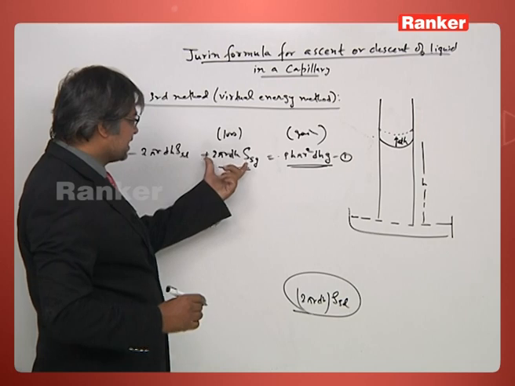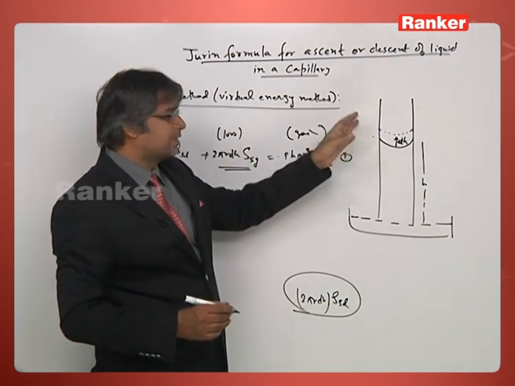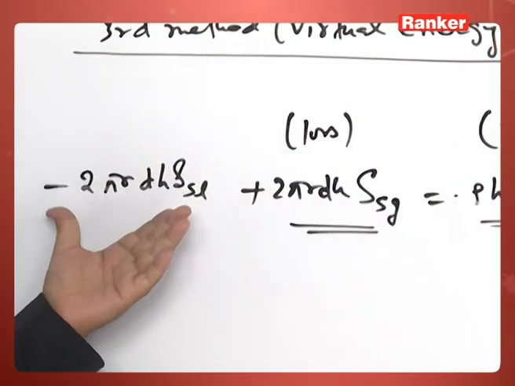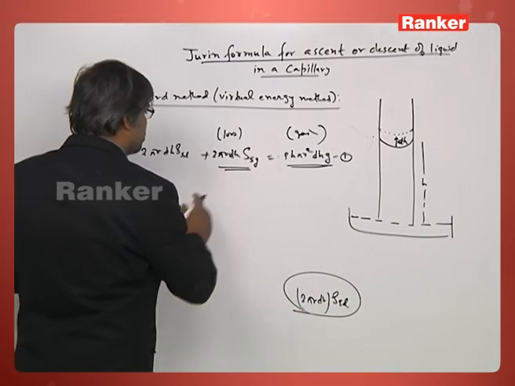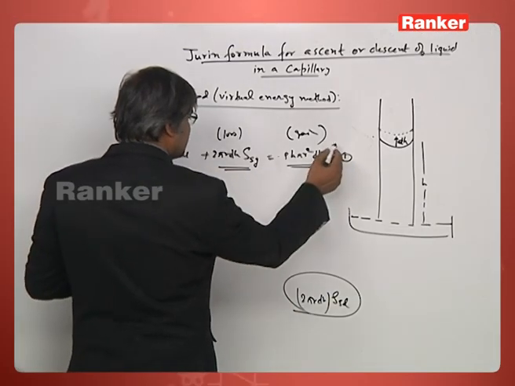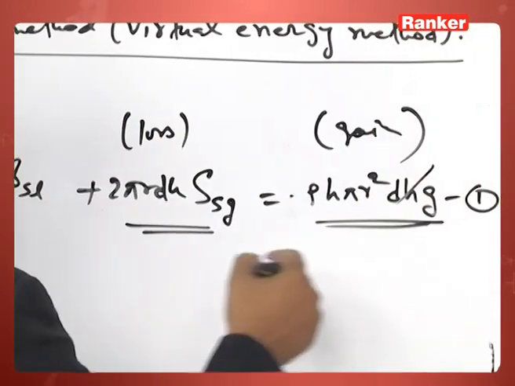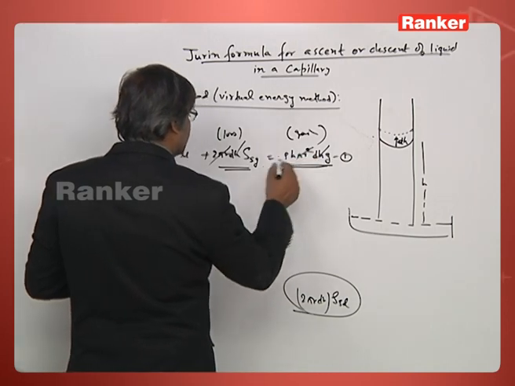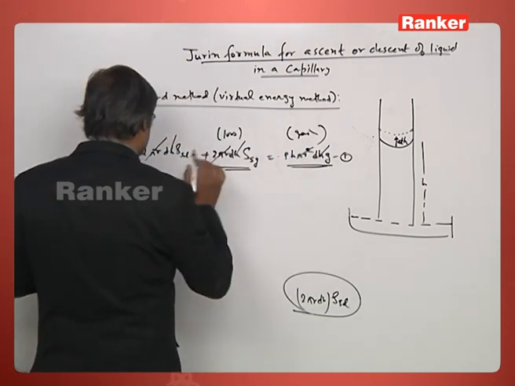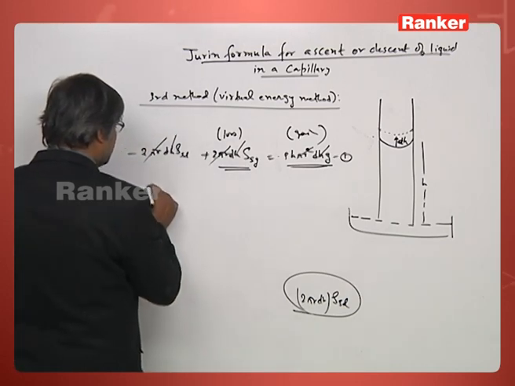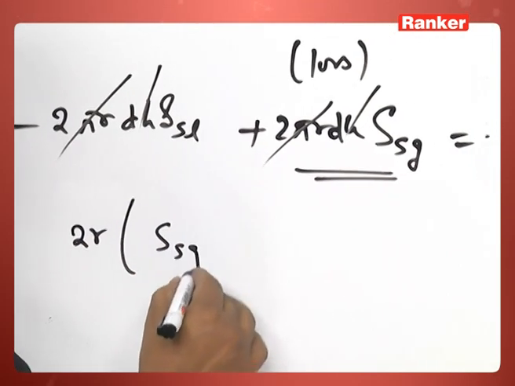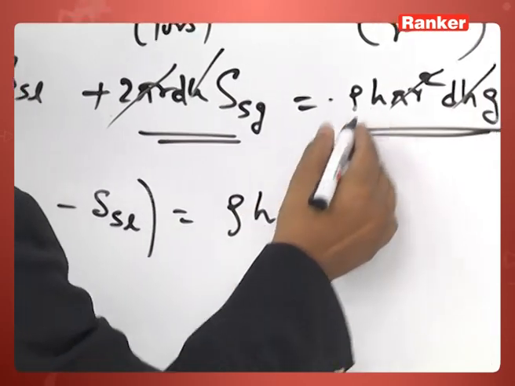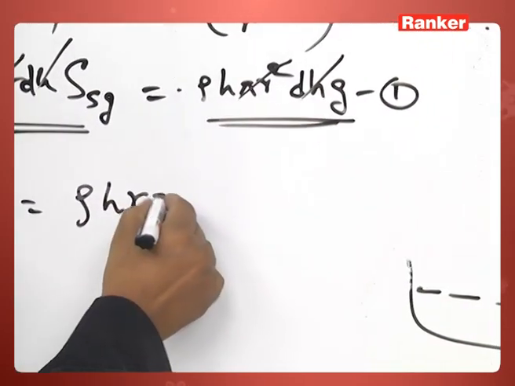So, you see the surface of the solid in contact with air is lost, this is lost, and what is gained? So, I have here written minus. So, this is gain. Now let us cancel some things: dh, dh, dh, 2 pi r and here pi r. So, 2 will remain here. So, we have 2 r into S of solid-gas minus solid-liquid is equal to rho h r g. So, this is r and this is r square. So, r is also not there.